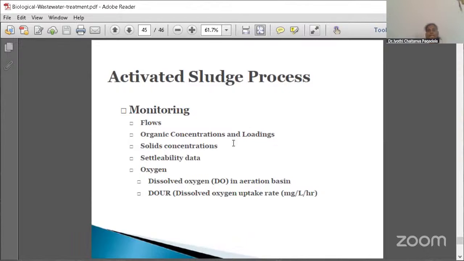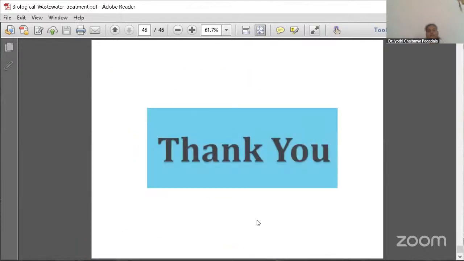In the activated sludge process, we monitor flows, organic concentrations and loads, solids concentrations and settleability data, dissolved oxygen in the aeration basin, and the oxygen uptake rate, in mg per liter per hour. This is about biological wastewater treatment.